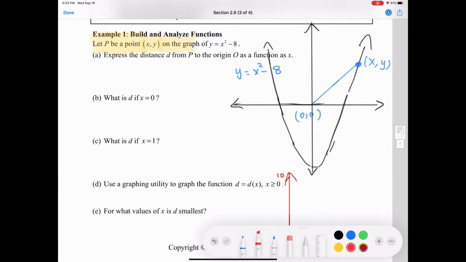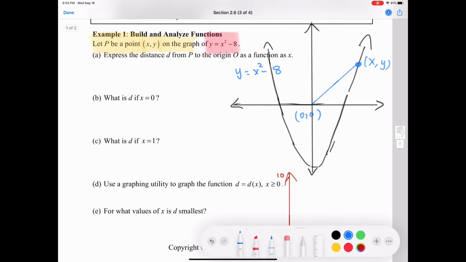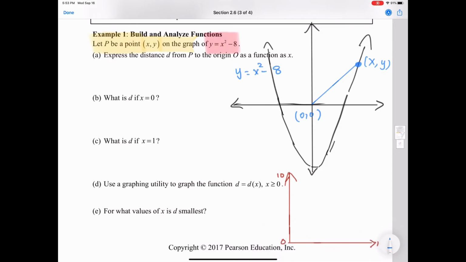This function here is a quadratic function shifted down 8 units. And that's what I tried to graph here, like approximately we will assume that this coordinate is 0 comma negative 8. Okay, and the whole graph is shifted down 8 units.